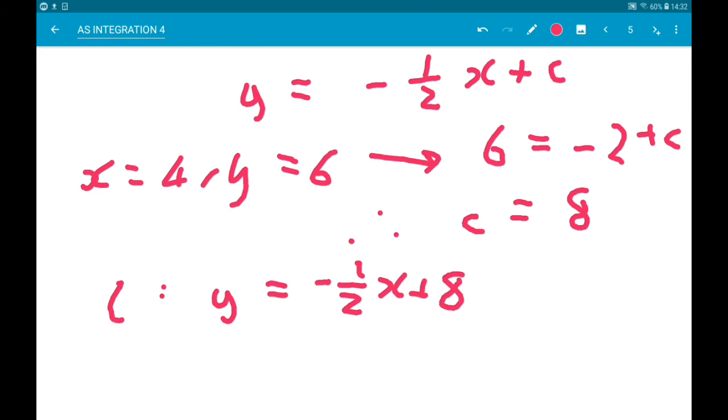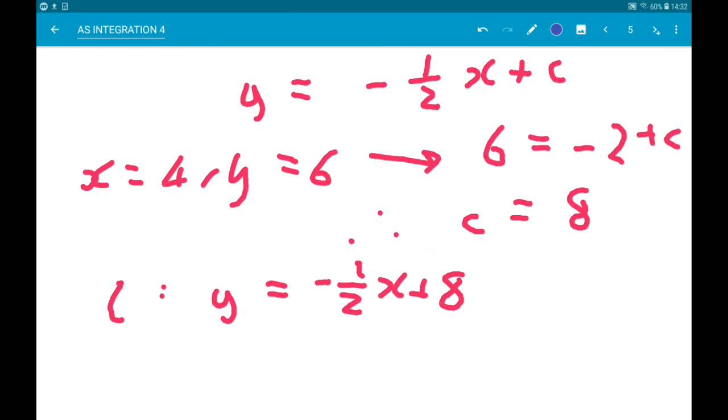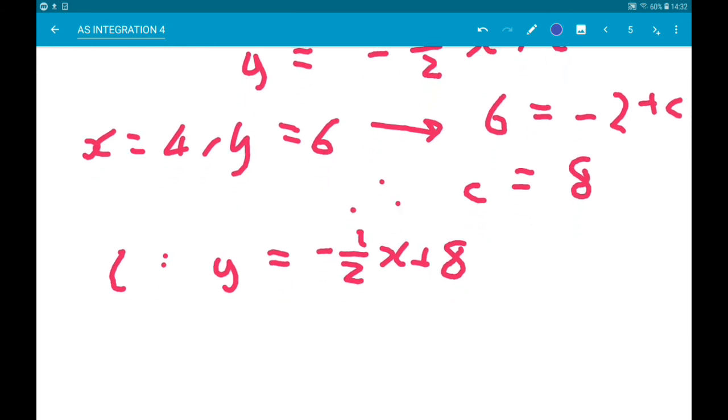Now remember, what we're trying to find is the x-intercept. So, on the x-axis, y is 0.